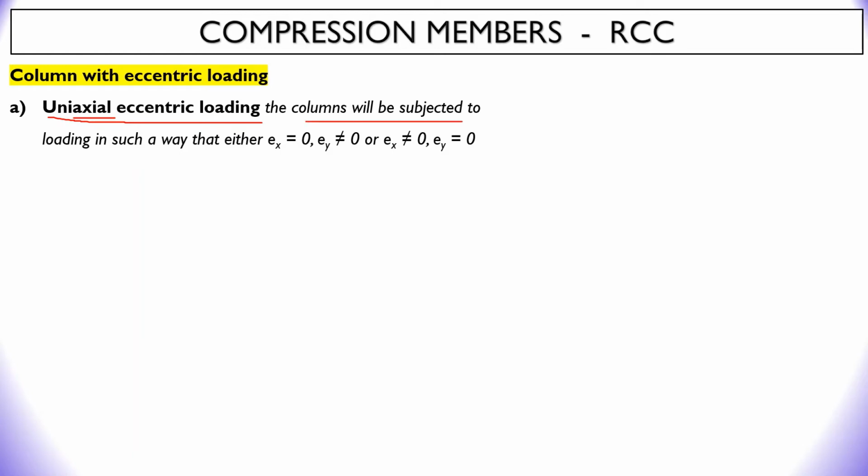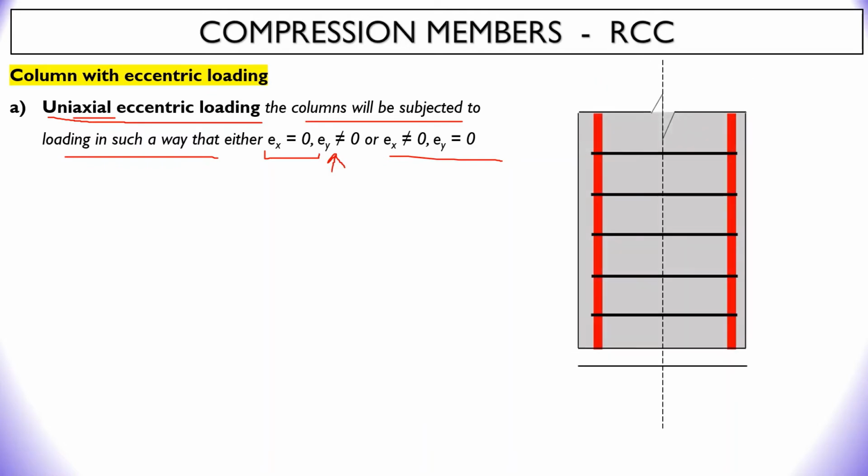Either eccentricity from the x-axis is 0, but it has some eccentricity about the y-axis, or the second condition is possible, that it has eccentricity with respect to the x-axis but not with respect to the y-axis. So this diagram will clarify what we have discussed in this first type of uniaxial eccentric loading.